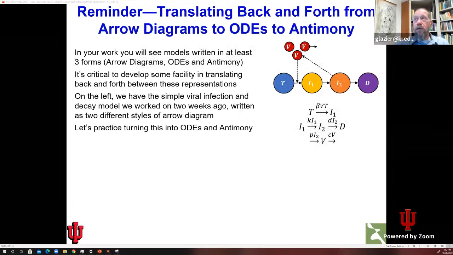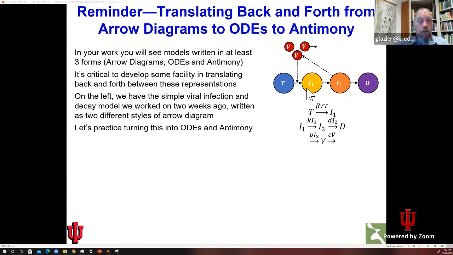So what I wanted to talk about today was a little bit about how to use the three formal specification languages that we have for describing models. Those formal specification model languages are diagrams. Those would be things like the picture on the right.